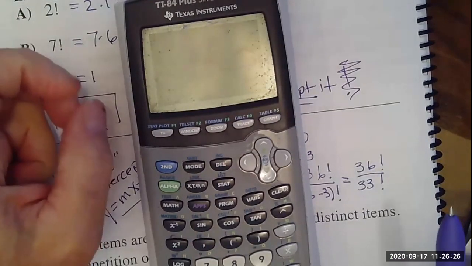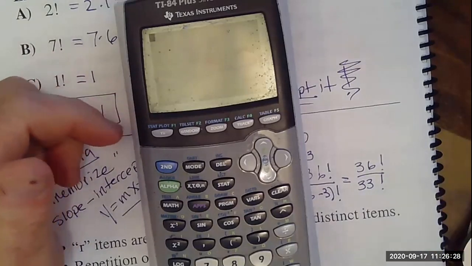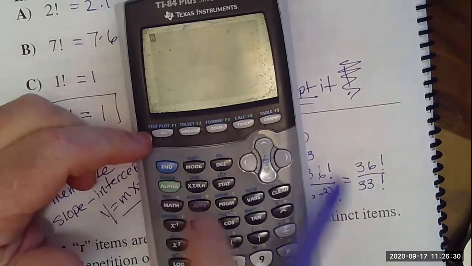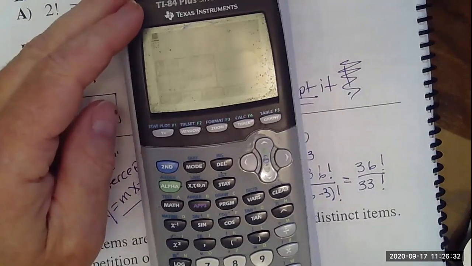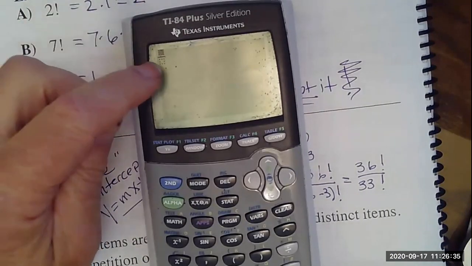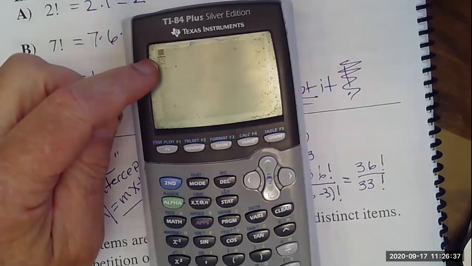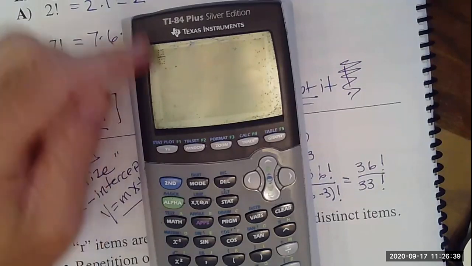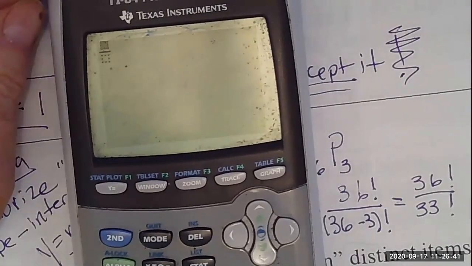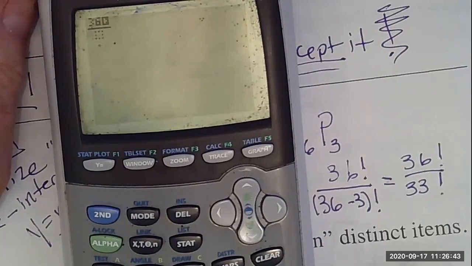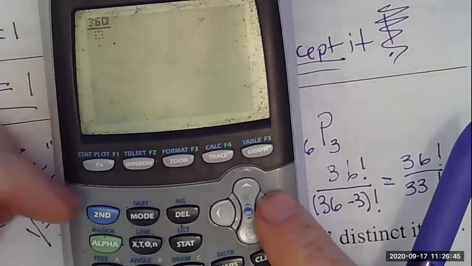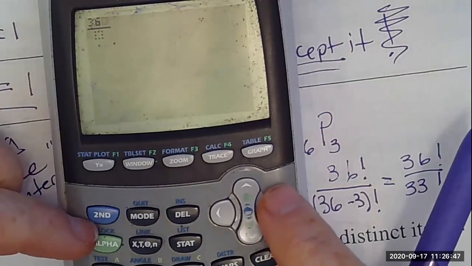If you have an old model, it won't do it. So I'm going to go second, this, and I get the little fraction feature right there. And then I just type in 36 with the exclamation mark.